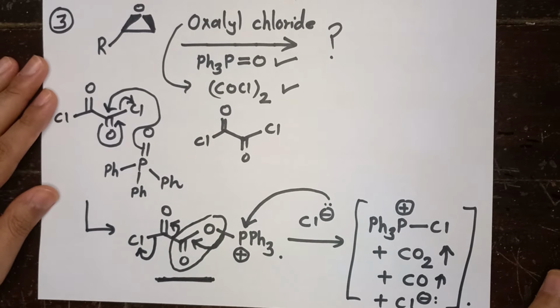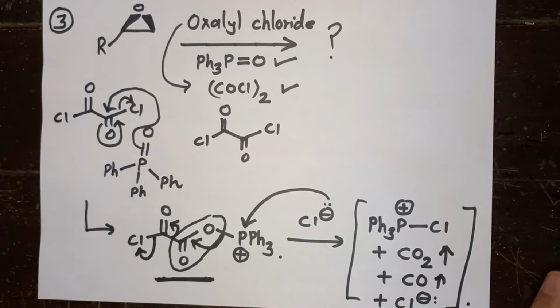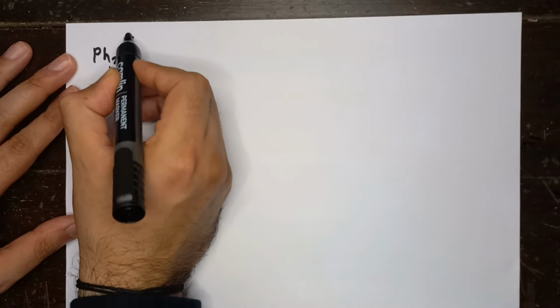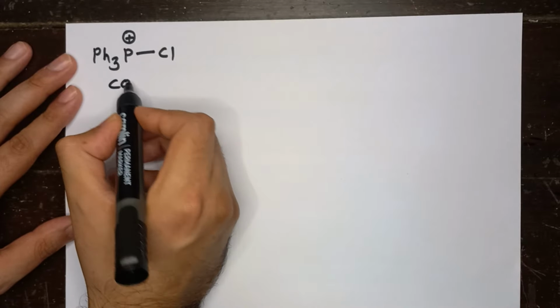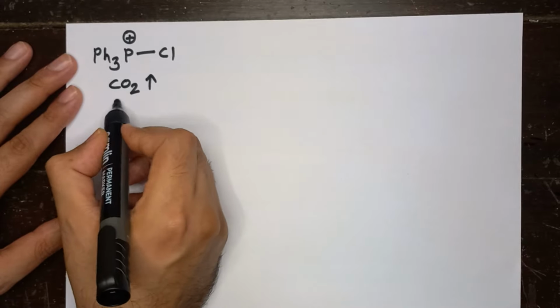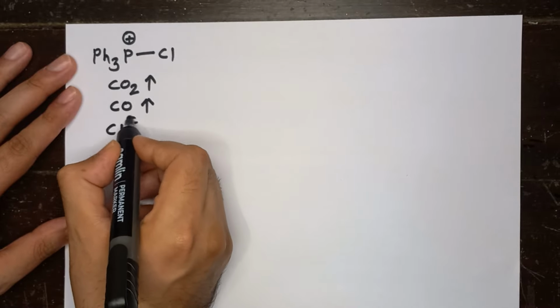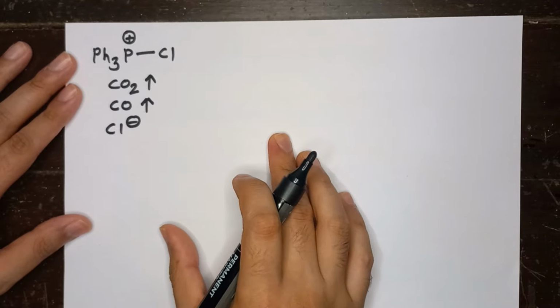Now let's go ahead and write the next step. Okay, so we have formed Ph3P bonded with Cl. We have formed CO2, which leaves as a gas, CO, which leaves as a gas, and we have a chloride ion. So we have formed this much in our first step.